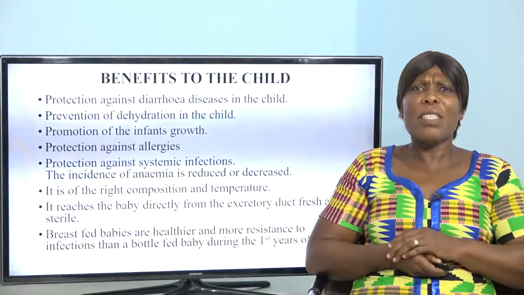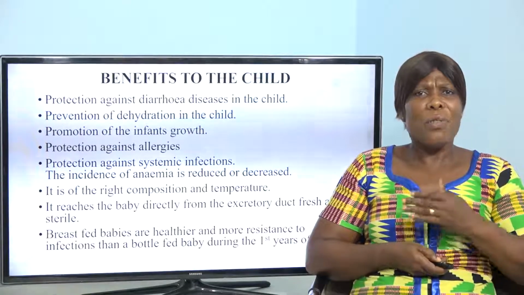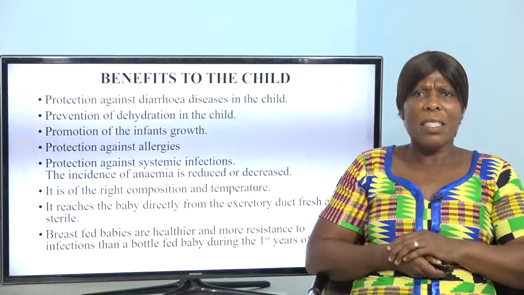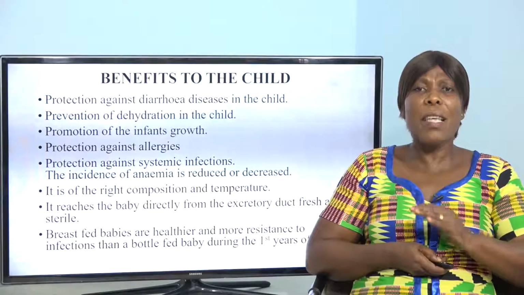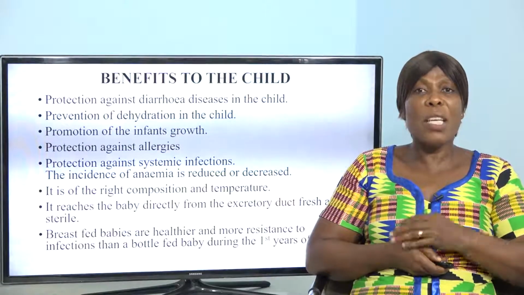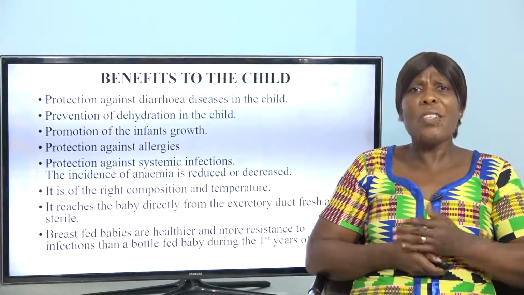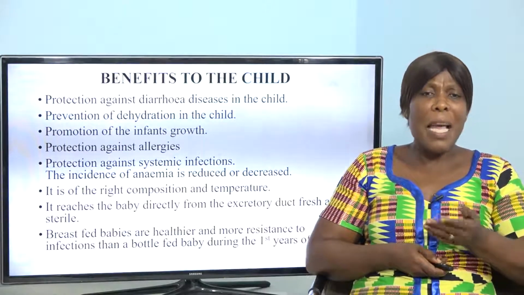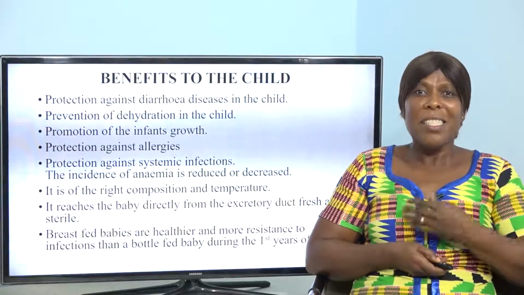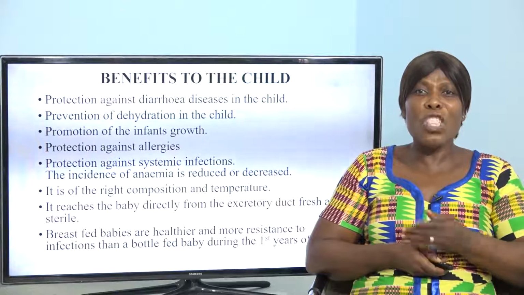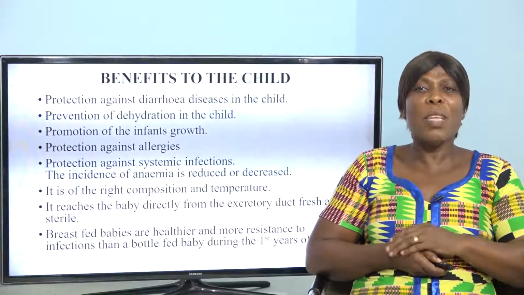It is also rich for the baby. It reaches the baby directly from the what? Excretory duct, fresh and then sterile. So there's no contamination. As when we are using the feeding bottles, the cup and spoon, when you express it and the cups are dirty, the bottles are dirty, we don't wash it well. We don't decontaminate it well.